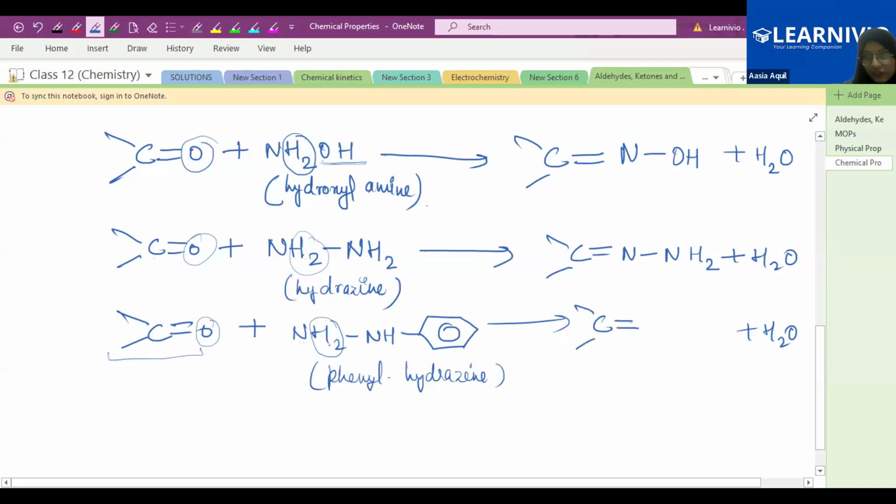And what about this one? H2 is removed, and this NH and this phenyl ring. Just write it. It's very simple. What is the product? Just remove the water and the remaining fragment, just join it by a double bond. Carbon and nitrogen double bond, join the remaining fragment with it, and you will get the product.